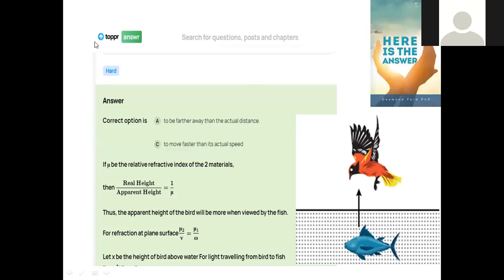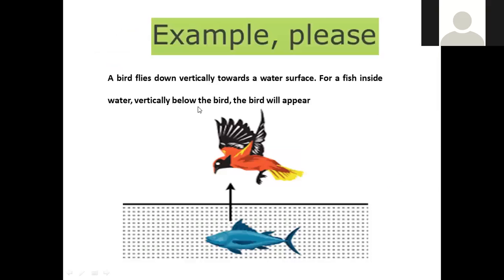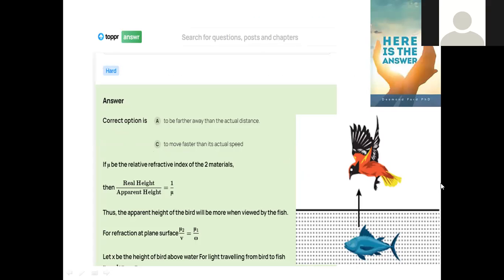Right? So to explain this, I got the answer from a topper. They gave two choices, meaning two inferences were drawn for this question. One is that the bird looks larger, and the position of that bird should be visualized away from its original position.